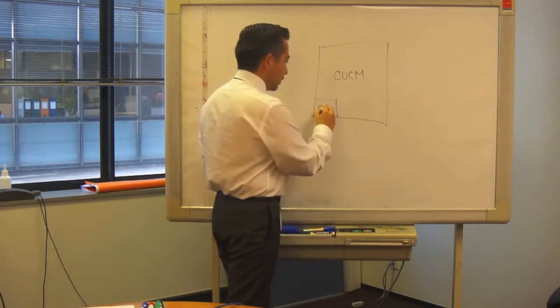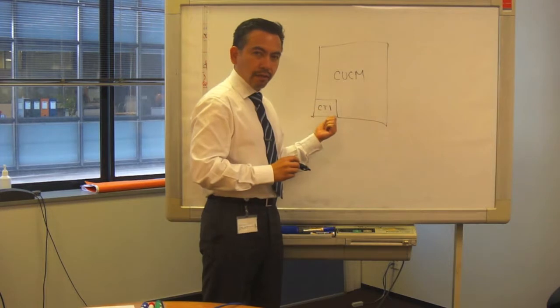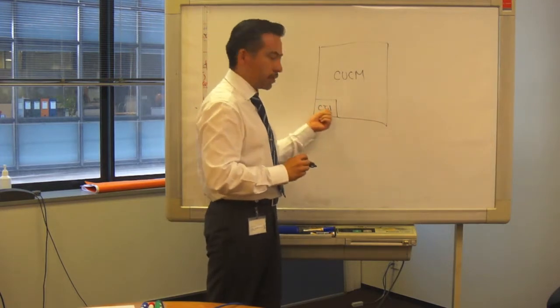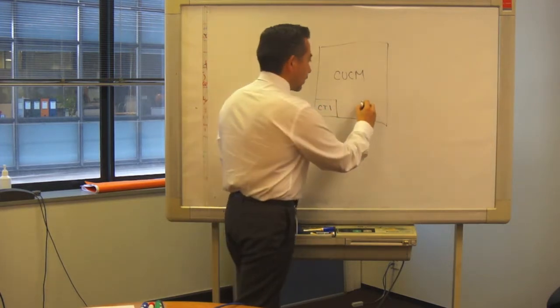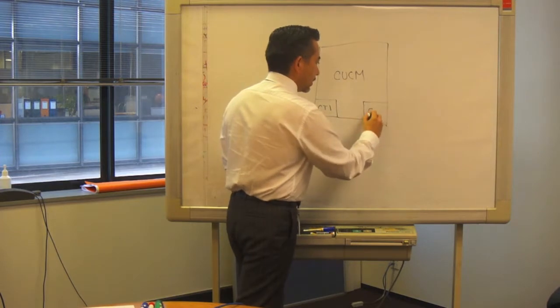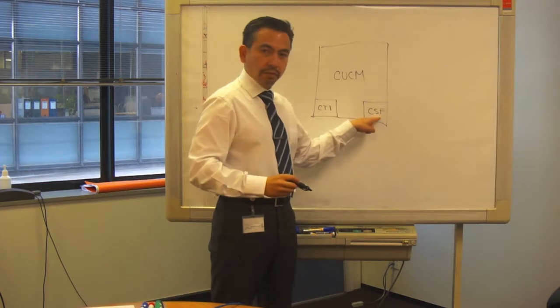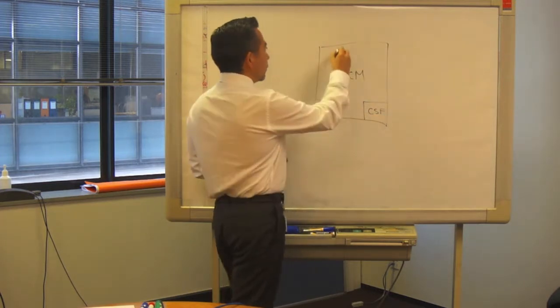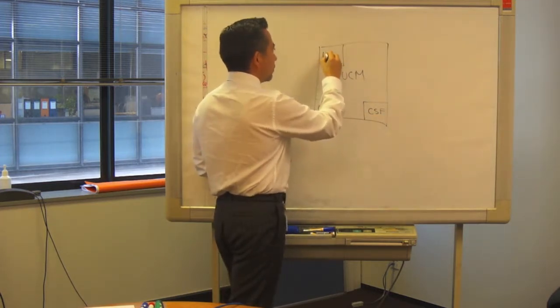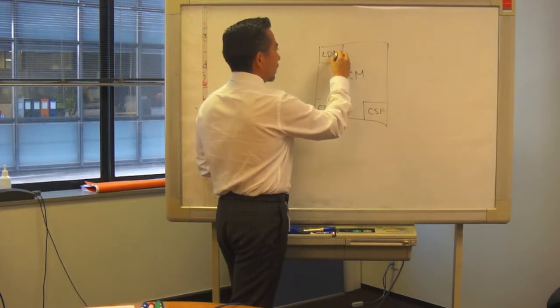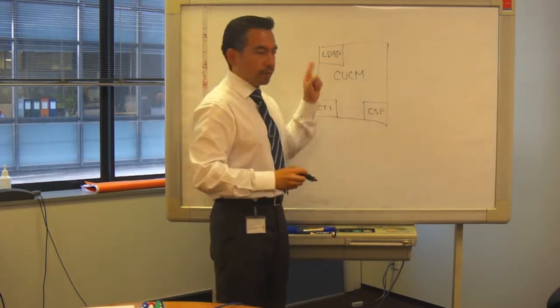The first one is the CTI component, the computer telephony interface. Then we have another component called the CSF, Cisco Service Framework. And then we have the LDAP component, Active Directory, to authenticate the users.